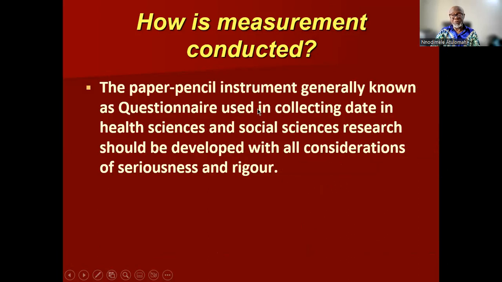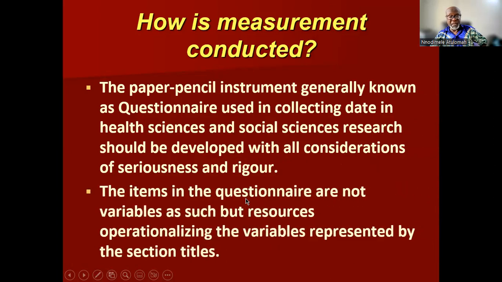The paper pencil instrument, generally known as the questionnaire, used in collecting data in health science and social sciences, should be developed with all consideration of seriousness of rigor. Without that, the instrument will be invalid.